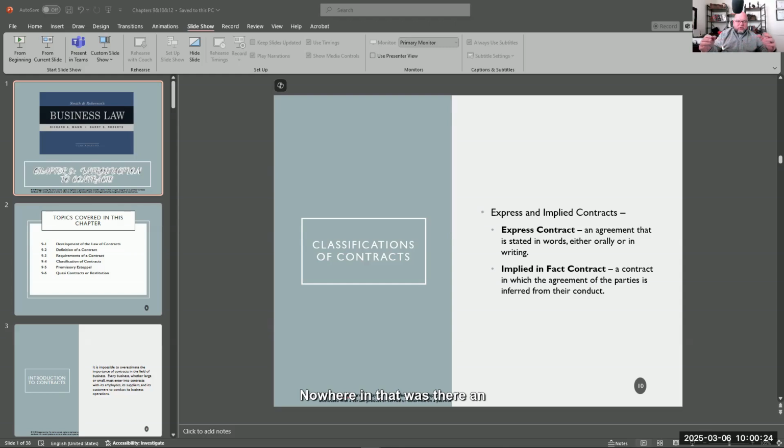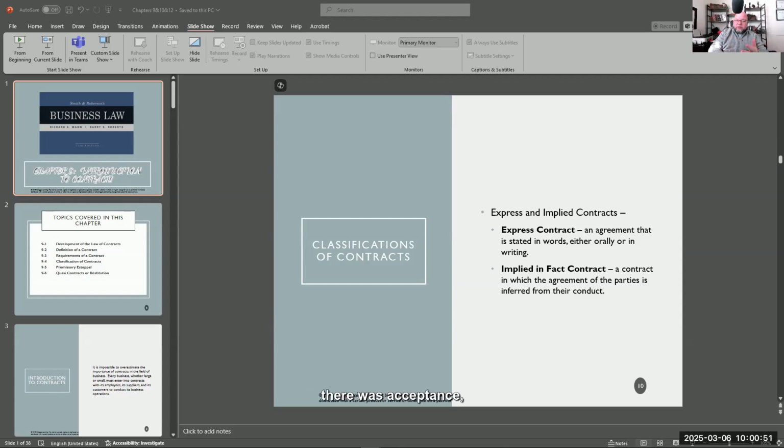Nowhere in that was there an express intent of the parties, but there is an implied intent there because you have agreed to enter into that contract with them of here's money for what I want. And we both are happy because now I get to eat the candy bar and you get money, which makes most people happy. So there's the implied part of the contract there.